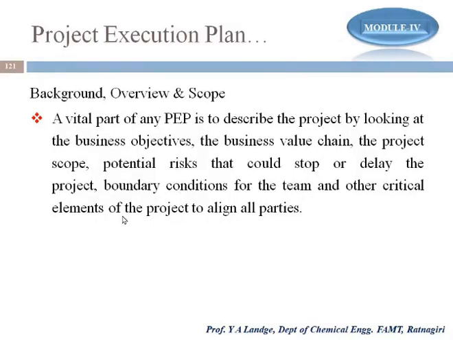So when we are writing the project execution plan, certain things we need to work out. One is the business value chain, the clear-cut objective of the business. What is the project scope? What is the potential risk for the delay as well as for the stop of the project? All these factors need to be considered.